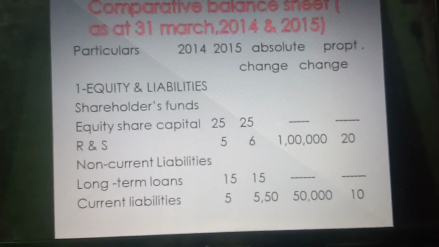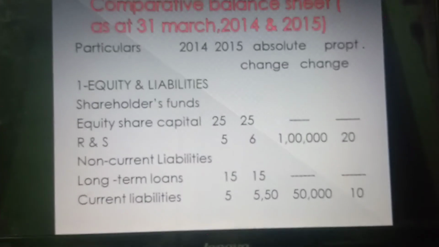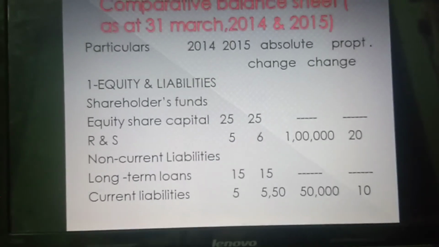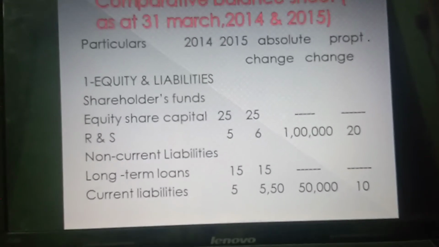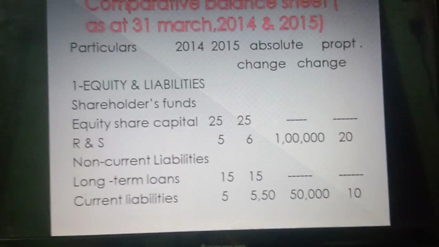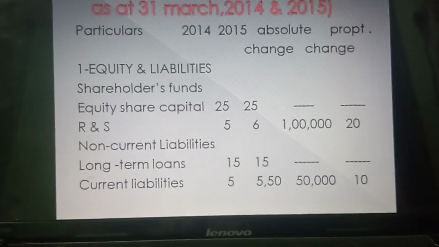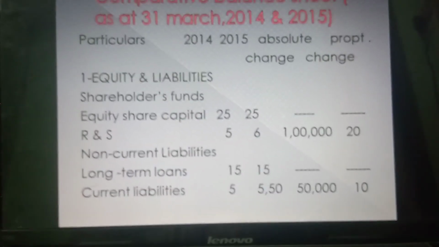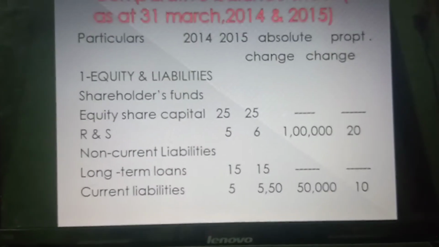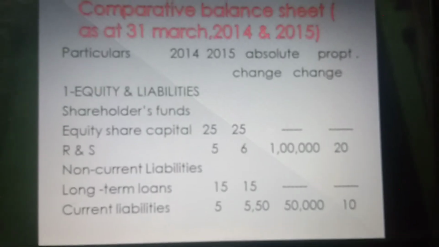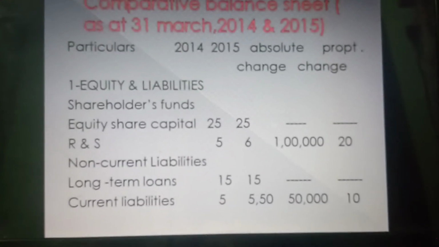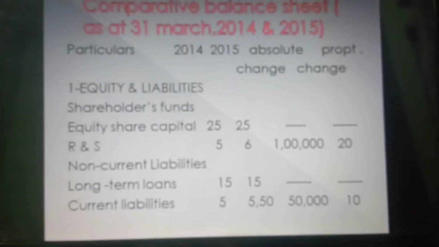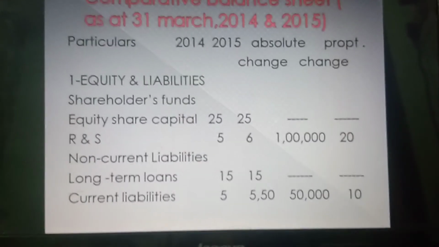Now move to the reserve and surplus. The balance sheet says that the company has rupees 5 lakh in the year 2014. This reserve and surplus increases to rupees 6 lakh in 2015. Hence you can see there is an absolute change of 1 lakh, so here we will mention rupees 1 lakh in the absolute change column.